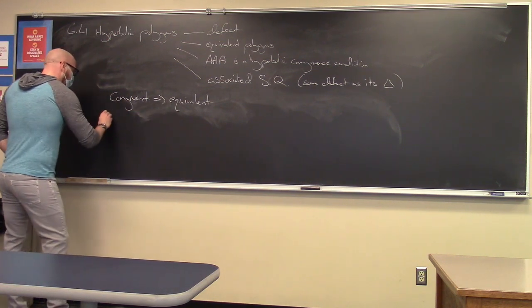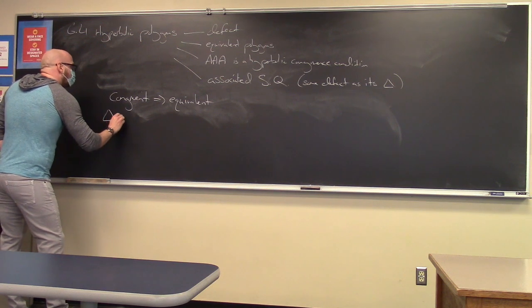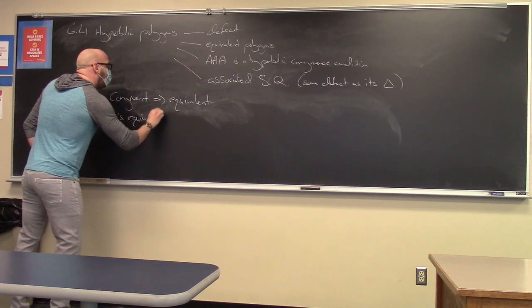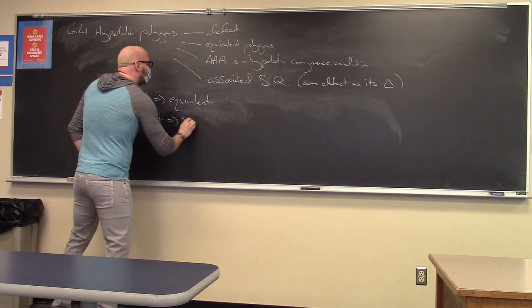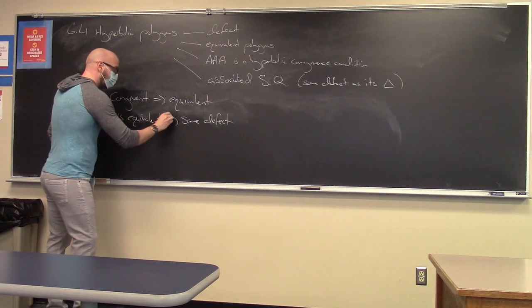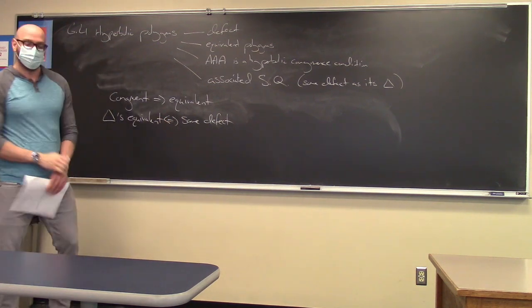But we did show that if two triangles are equivalent, then they must have the same defect. And vice versa. If they have the same defect, then they must be equivalent.